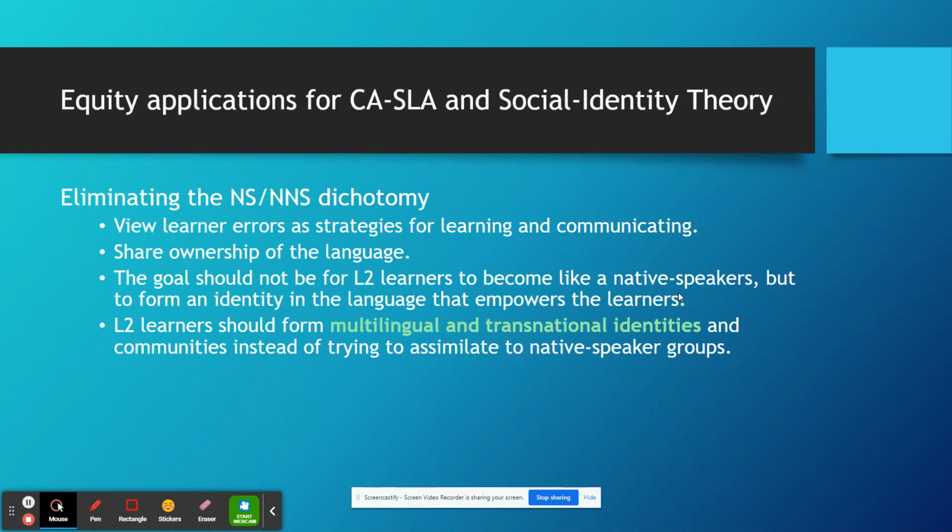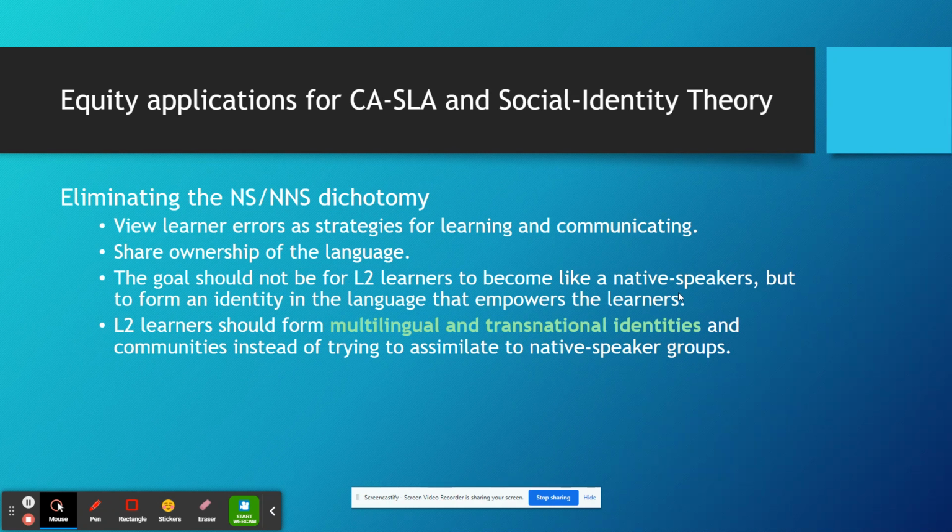They argue that the goal should not be for the L2 learners to become like native speakers, but instead should be to form an identity in the language that empowers them. For this reason, they encourage the formation of multilingual transnational identities and transnational communities of multilingual people instead of trying to assimilate into native speaker groups and struggle to earn their respect.